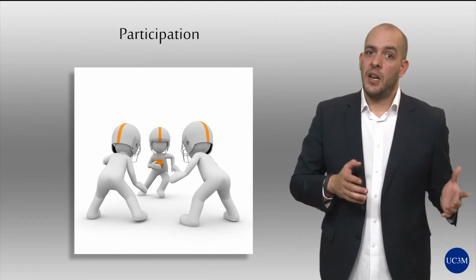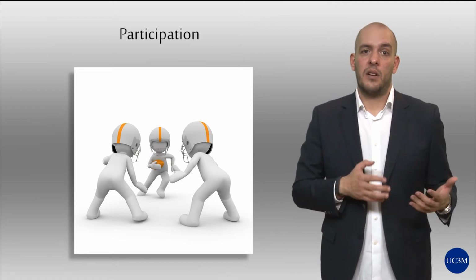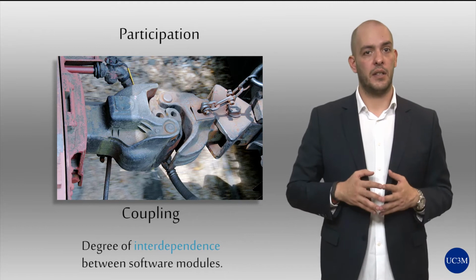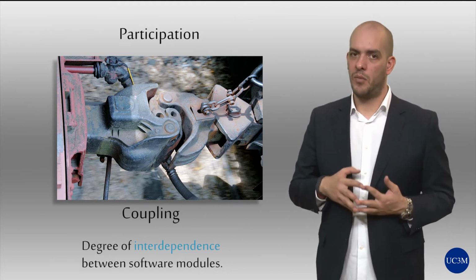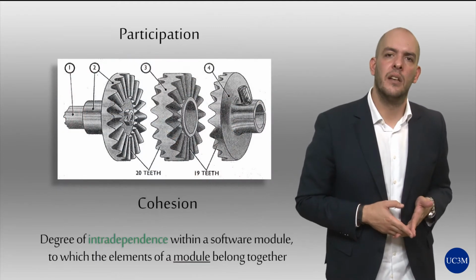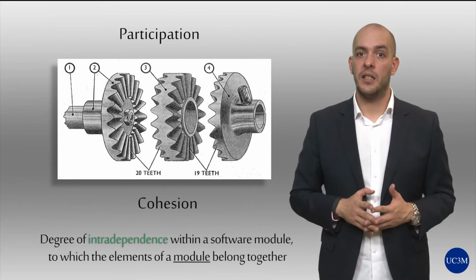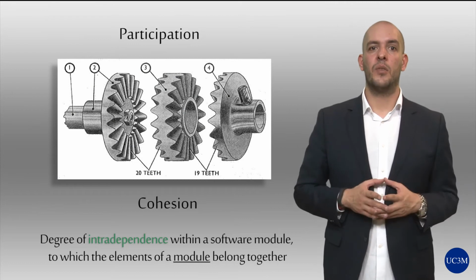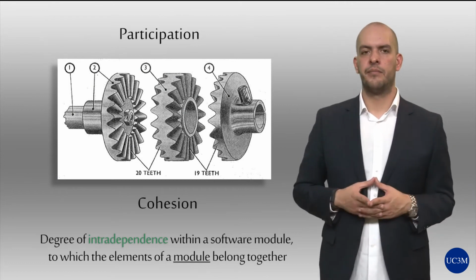The different software services or functionality must be correctly designed in terms of coupling, the degree of interdependence between software modules, and cohesivity, the degree of interdependence within a software module, to which the elements of a module belong together. In this manner, the designed software will become an important component in the software system and will encourage other parts to connect to our product or service.